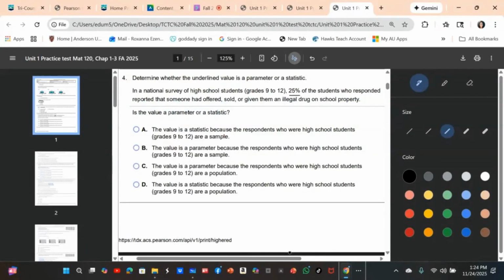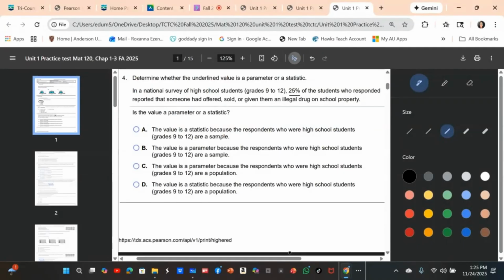This question says a national survey. So it is the whole American survey of high schools, with students from 9 to 12. 25% of the students who responded reported that someone had offered, sold, or given them an illegal drug on school property.